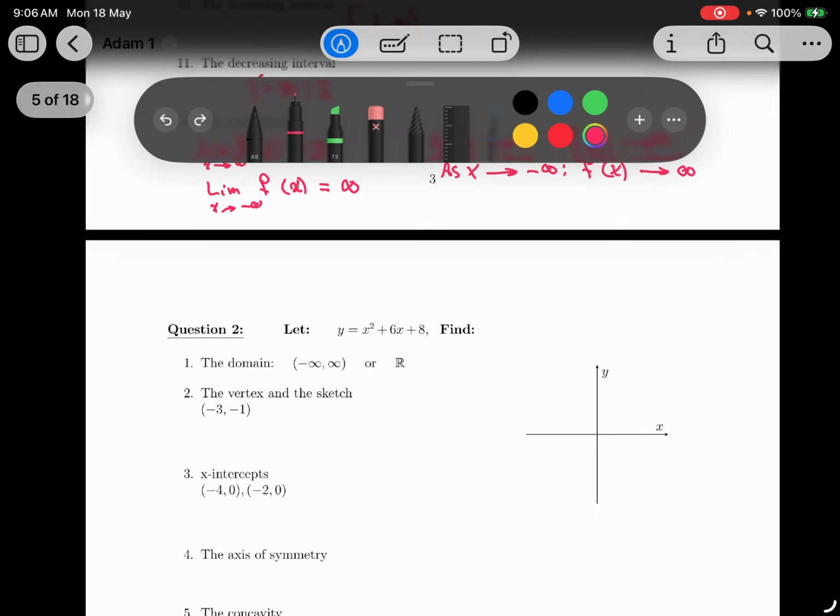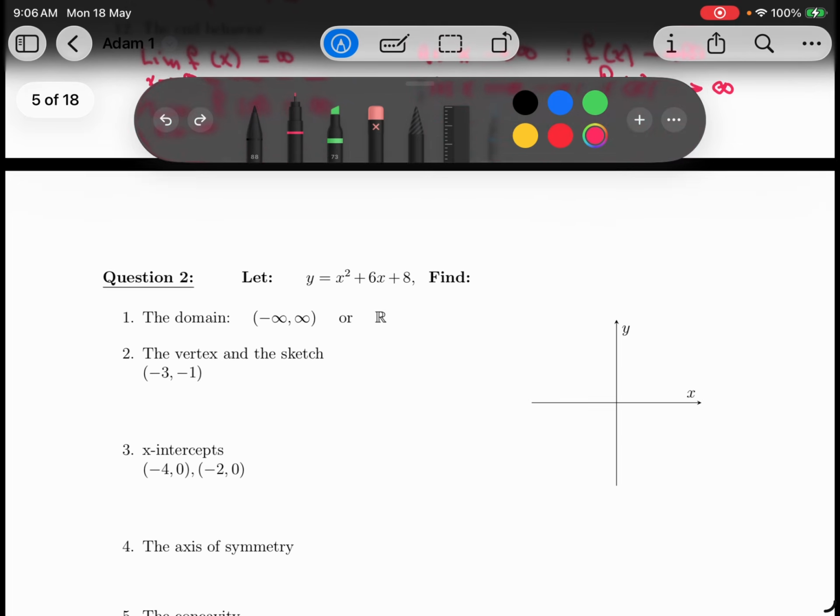Here guys, I have the second practice where y equals x squared plus 6x plus 8, and here we have a, b, and c indeed. So a is the x squared coefficient, which is 1, and remember 1 is positive, more than 0, this will guide us a lot.